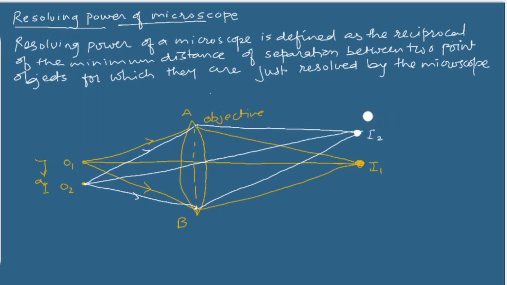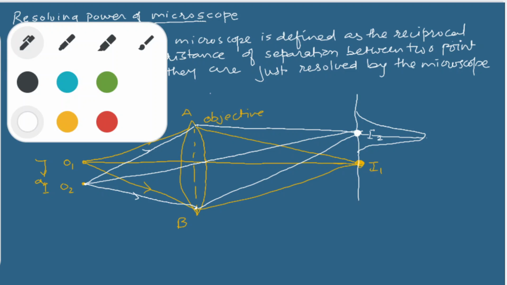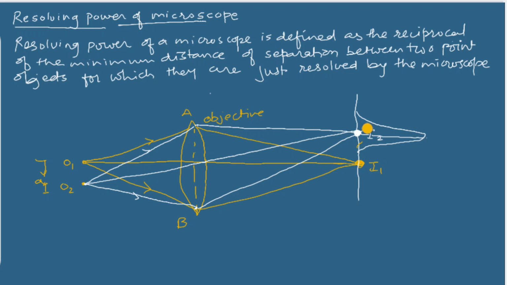This is the maximum intensity, where the bright point occurs, and another bright point here, with the minimum intensity in between. We can see the images I2 and I1.